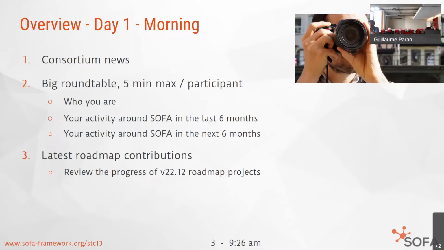And once we've made the roundtable, then there will be the summary of the previous roadmap tasks, and we're going to discuss that. So there were the contributions on, as we said, 6 different topics.